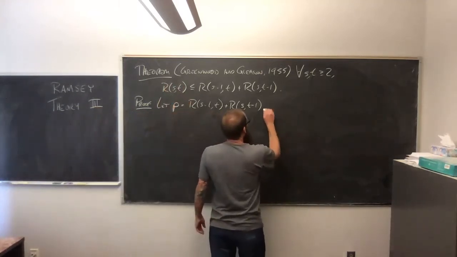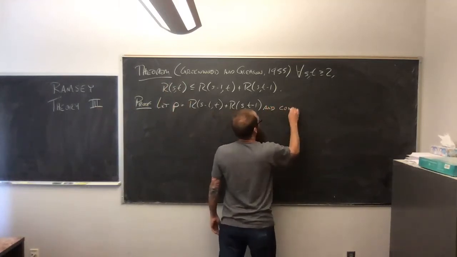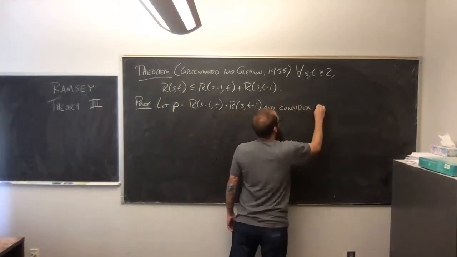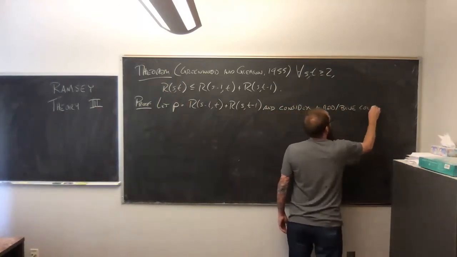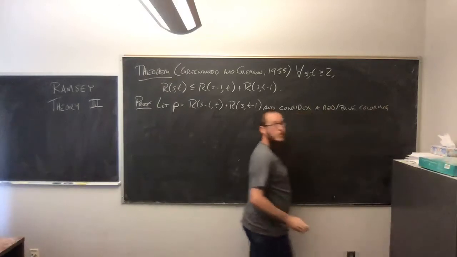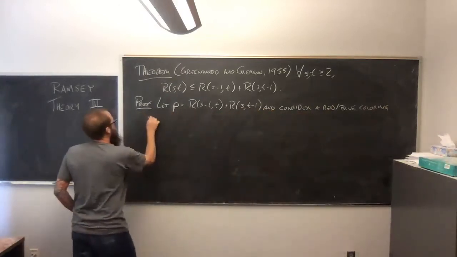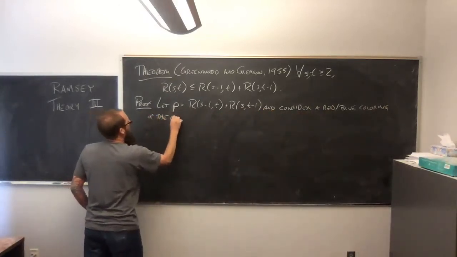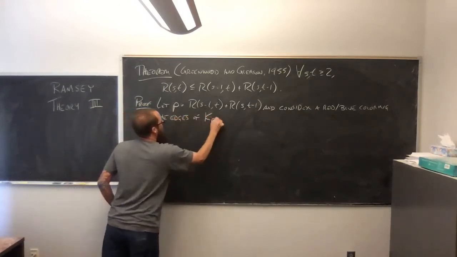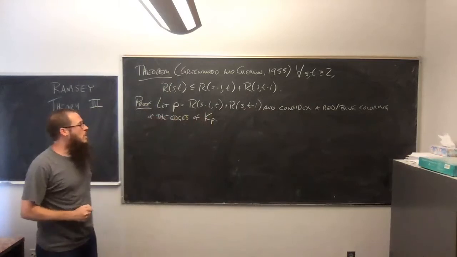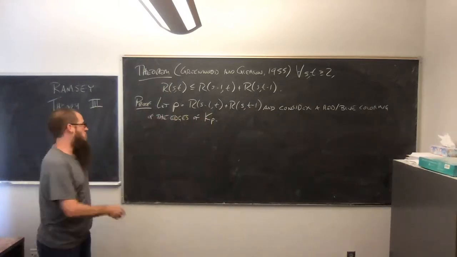So we'll consider a red-blue coloring of the edges of K_P. And let's look at two separate cases.